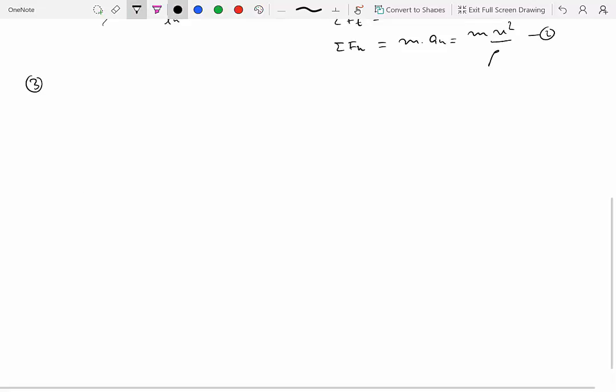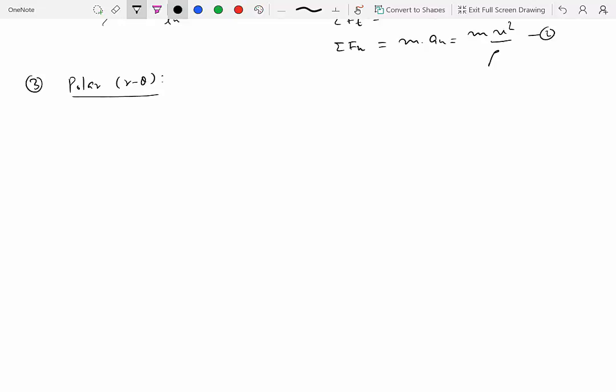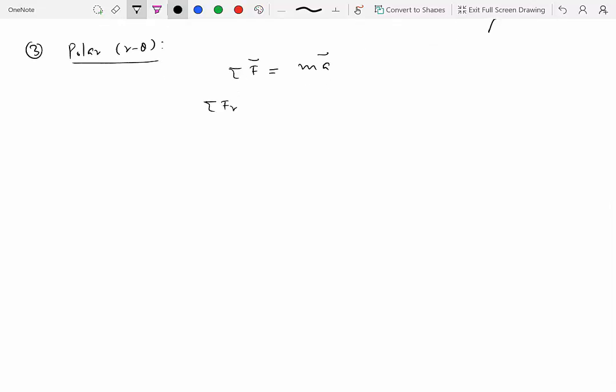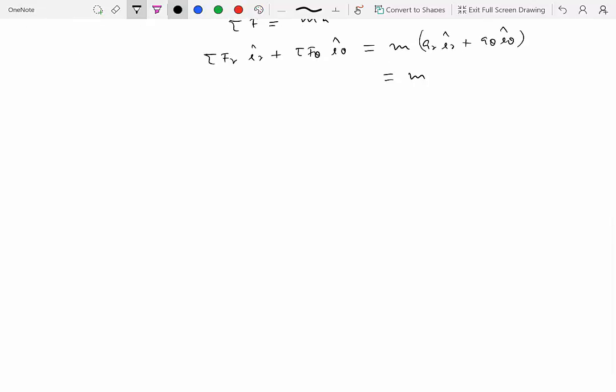The third one is the polar or r theta system. And in this system again, we have sigma f equal to m times acceleration, and sigma f can be written as sigma fr er hat plus sigma f theta e theta hat. So we're resolving the forces along radial and tangential direction, and the right hand side is m times ar er hat plus a theta e theta hat, and that is equal to m ar er hat plus m a theta e theta hat.